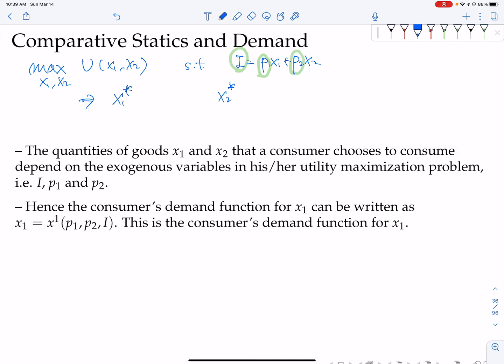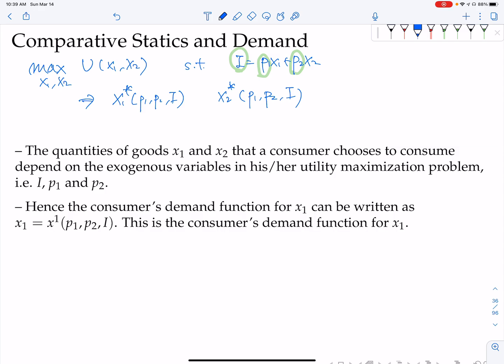For different values of P1, P2 and I, the optimal decisions x1 and x2 will change. So we can think of the solution as a function of the exogenous variables.